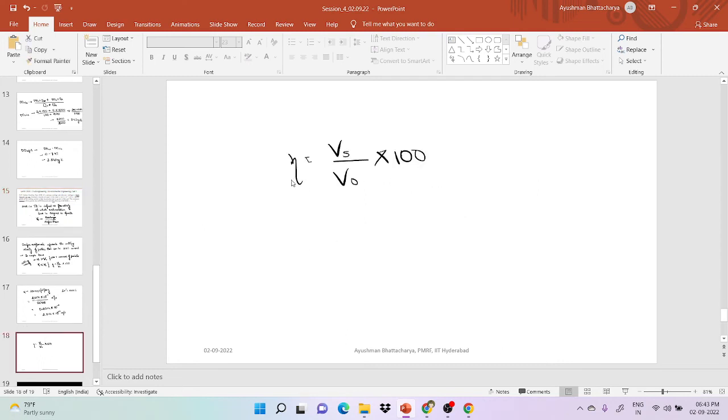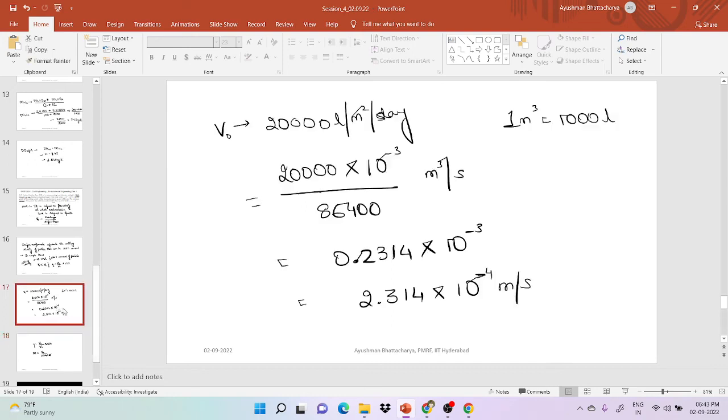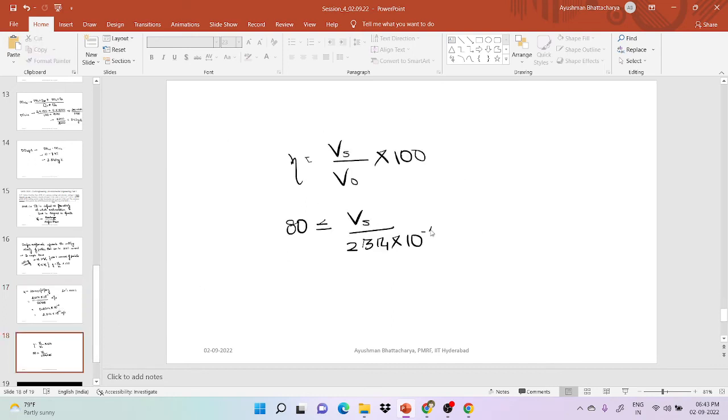Now 80% efficiency is given, equal to Vs by V naught, whose value came out to be 2.314 into 10 raised to minus 4, into 100. Whole, this entire thing is 2.314.